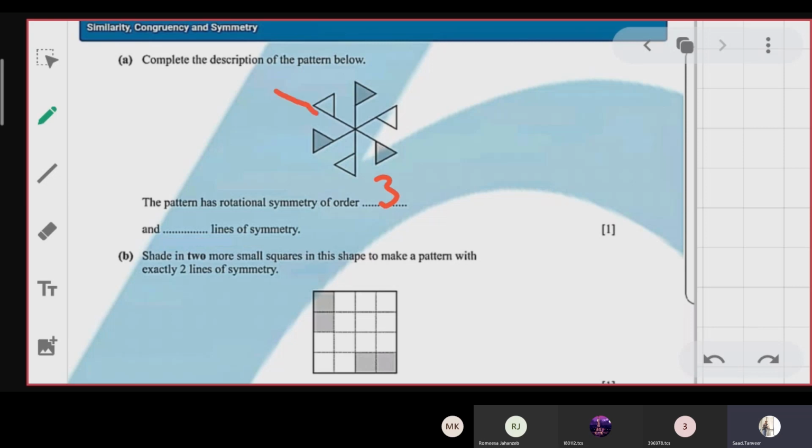There are a couple of students who are thinking like, okay, sir, we can draw this as a line of symmetry.